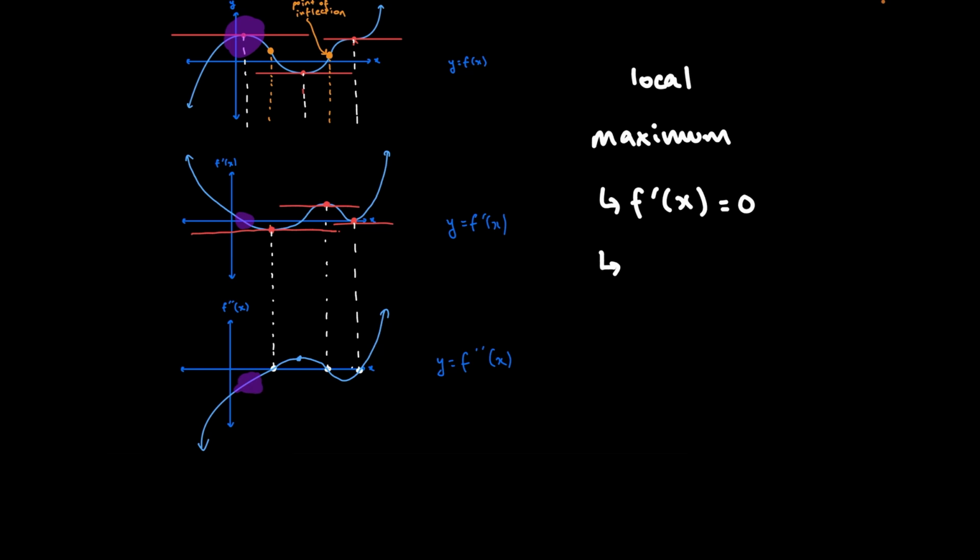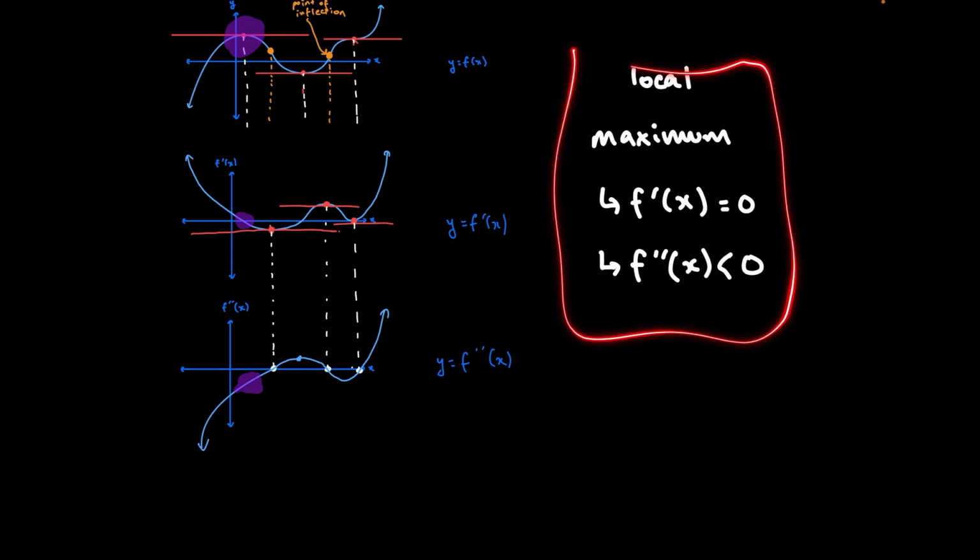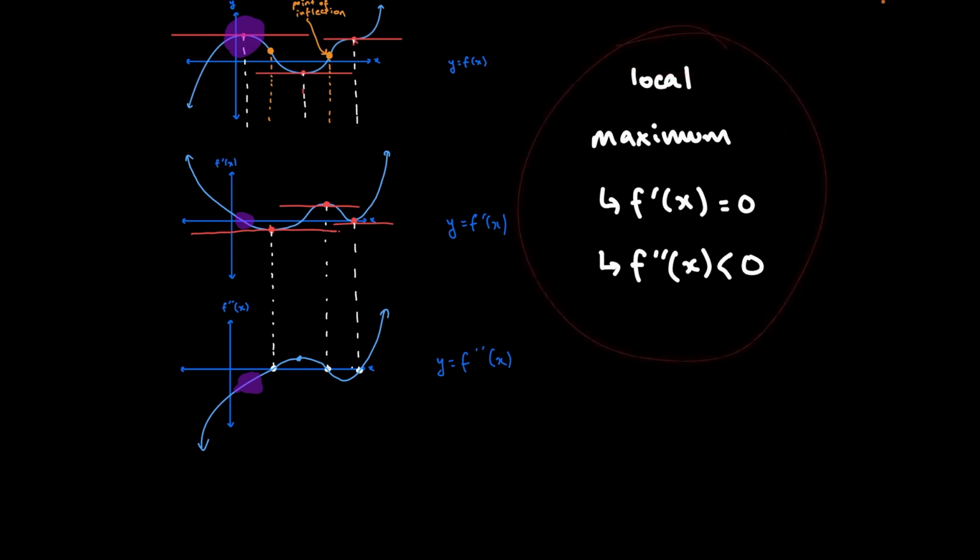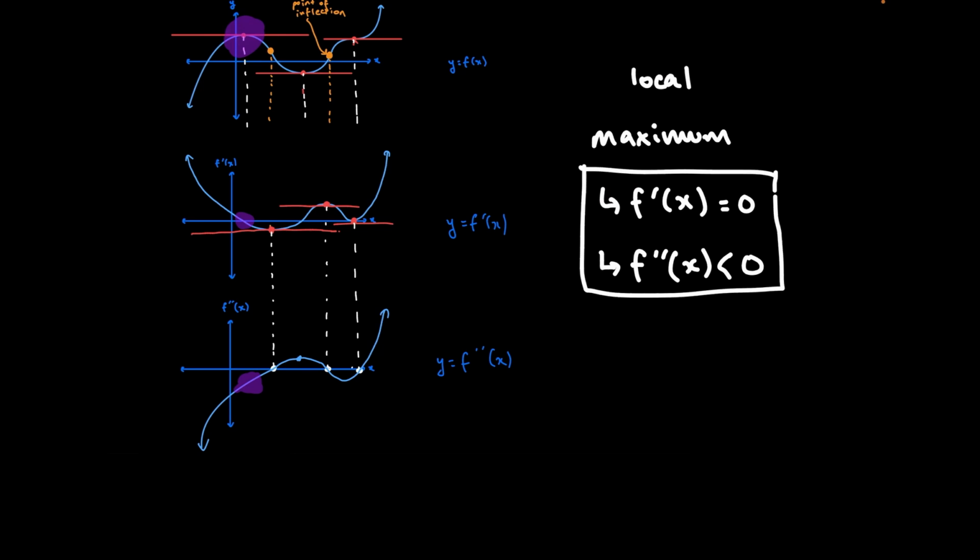So our second criteria is the double derivative must be less than 0. And that makes intuitive sense, because if our double derivative is less than 0, we're simply being told that our graph is concave down. And so if our graph is concave down, of course it's going to contain the maximum.